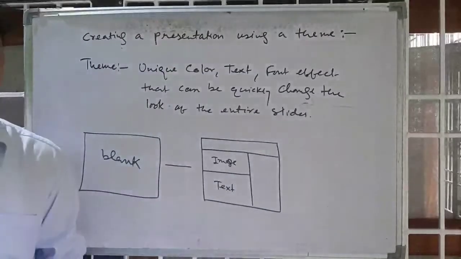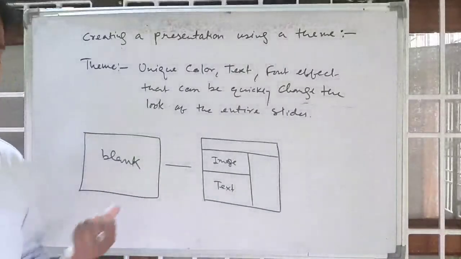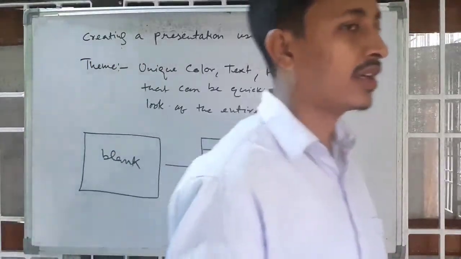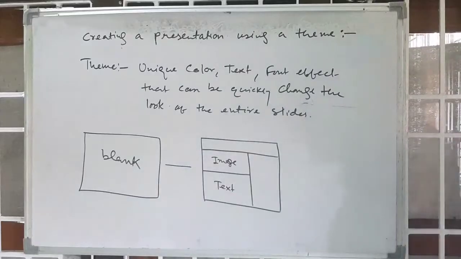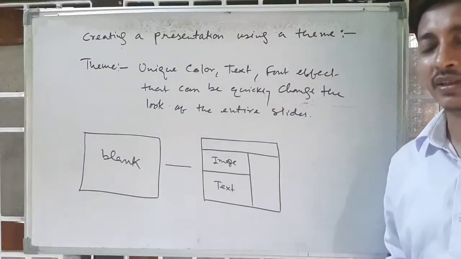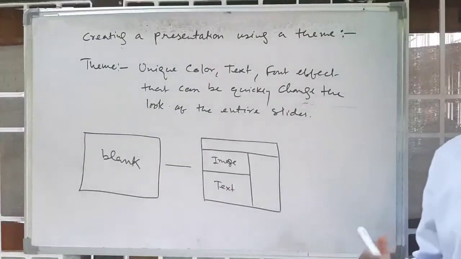It will give the presentation a very unique effect, so the user can interact with the presentation very effectively. If you create a blank presentation, it is not very attractive.